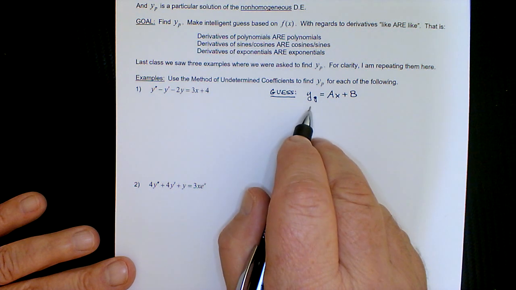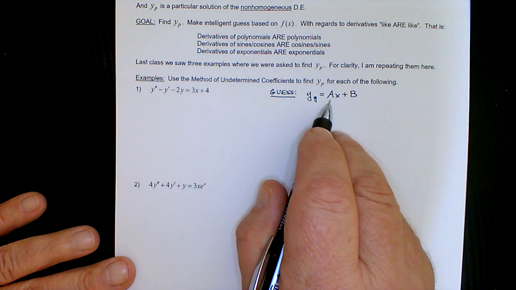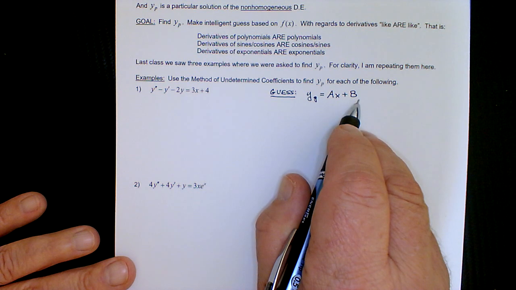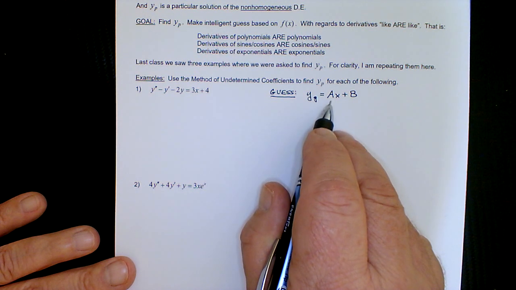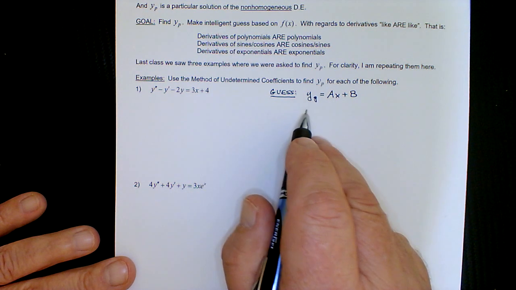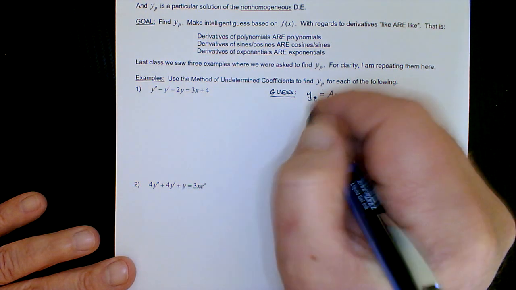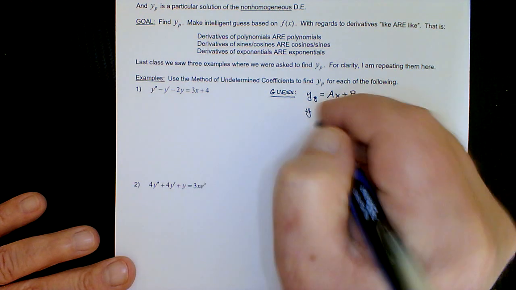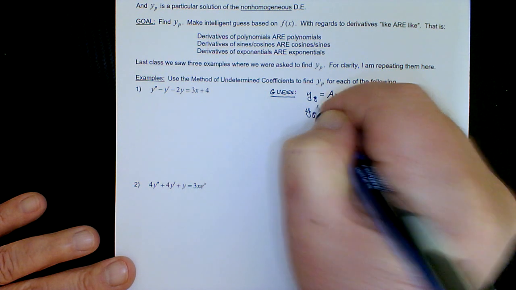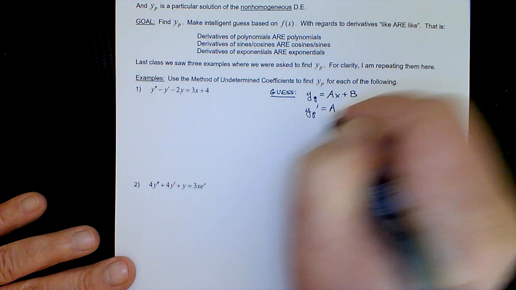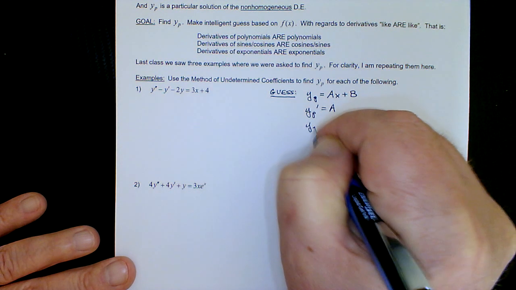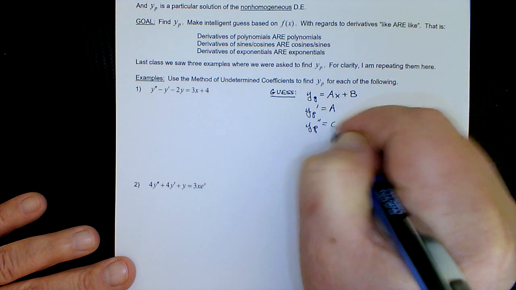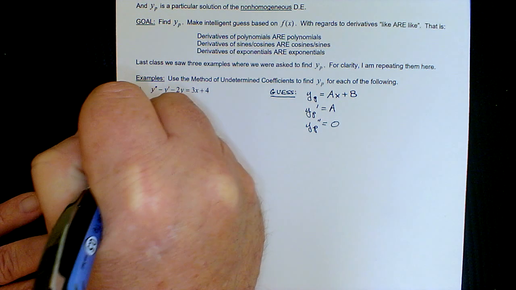And then all we do to determine what these constants a and b are, these coefficients that are undetermined, hence the name undetermined coefficients, is you just take a couple derivatives, because it's a second order linear differential equation. So the first is a, second derivative is 0, and we substitute.